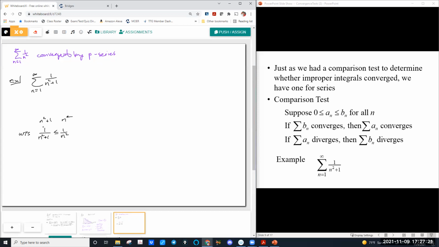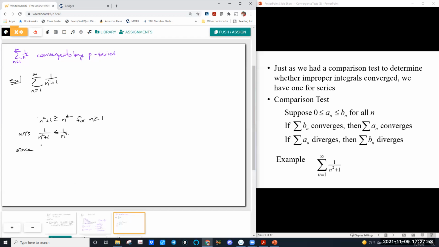Now remember, when you flip fractions, you flip the inequality. And this is for n greater than or equal to 1. Where does that 1 come from? It's the lower limit. n squared plus 1 is going to always be greater than or equal to n squared. We have a very easily demonstrable true statement. So this one follows.